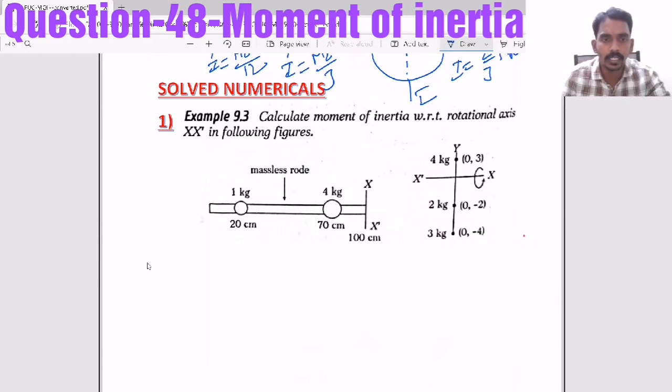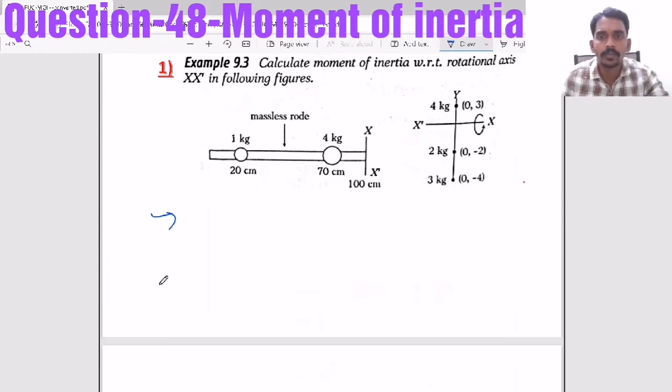The very first question is: calculate the moment of inertia with respect to the rotational axis xx dash. So this is the axis about which we consider, see, it is at 20 centimeter. That means this distance will become 80 centimeter. Now this distance will become 30 centimeter.